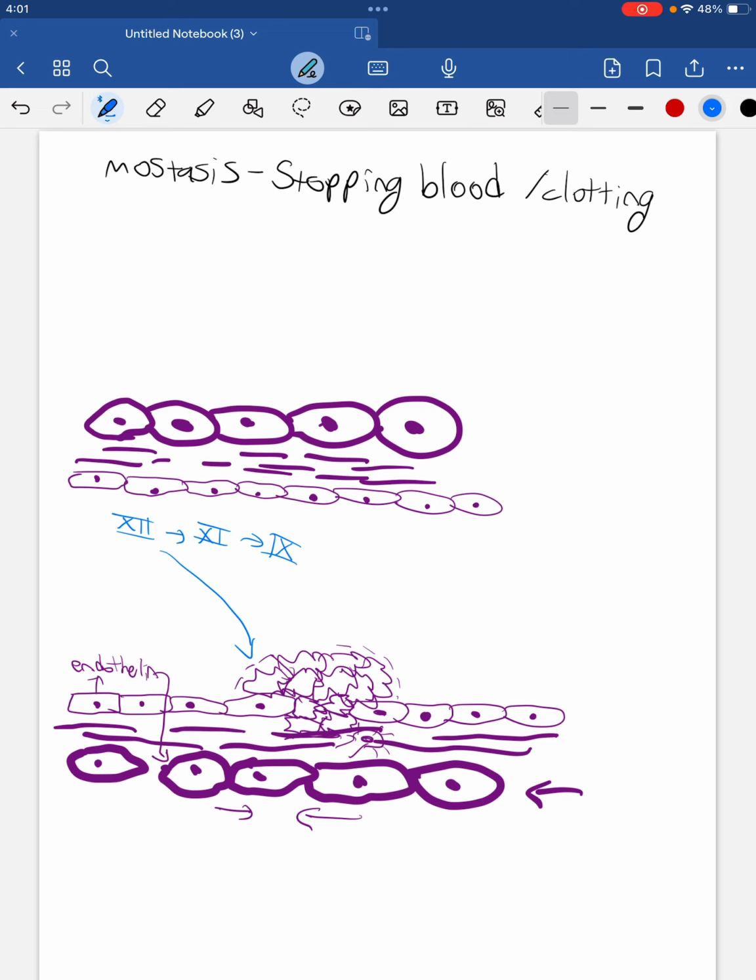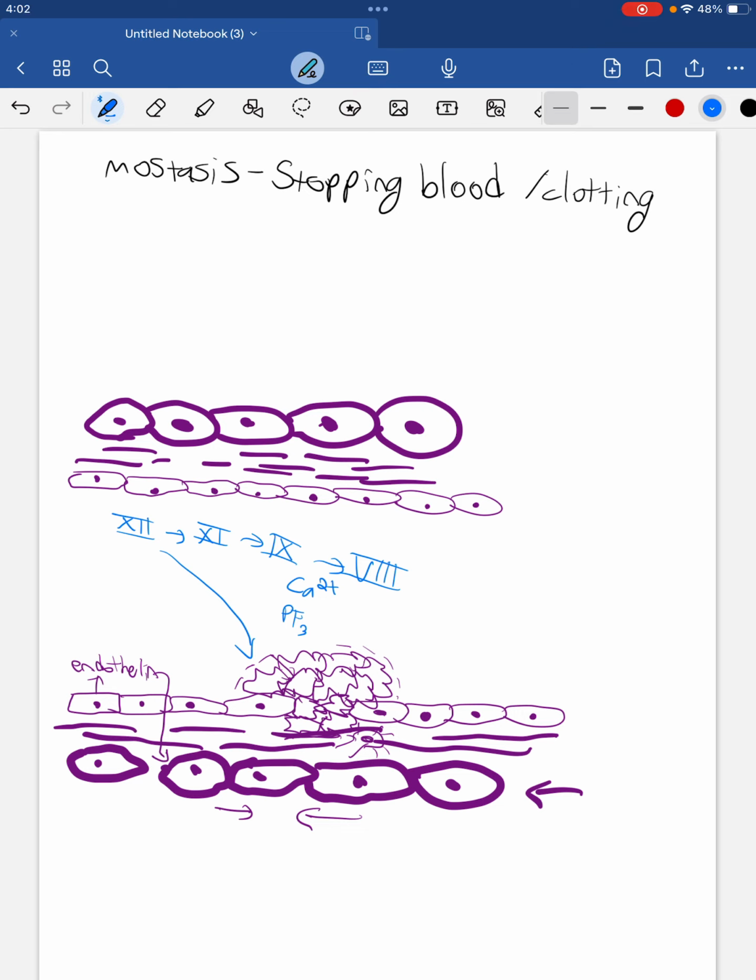And then factor 9 will interact with factor 8. Okay, and they form a complex using calcium and platelet factor 3, PF3.